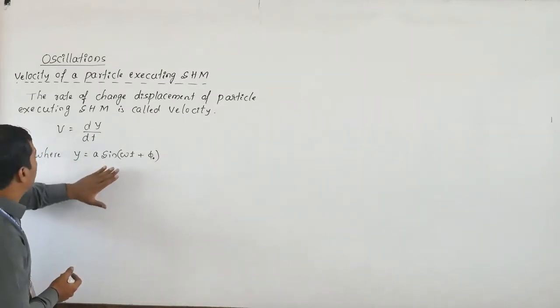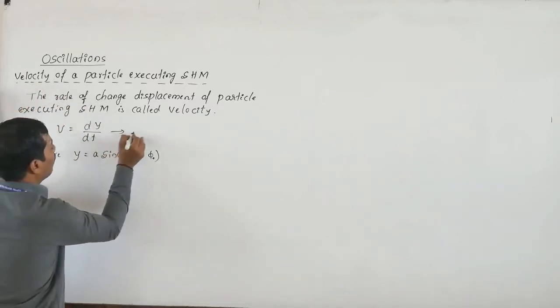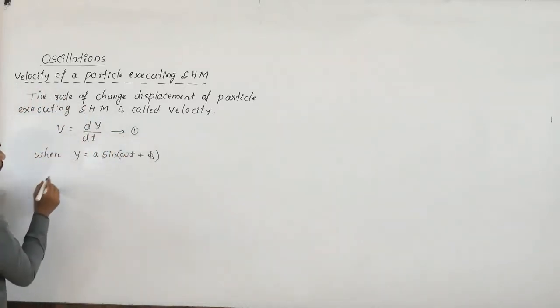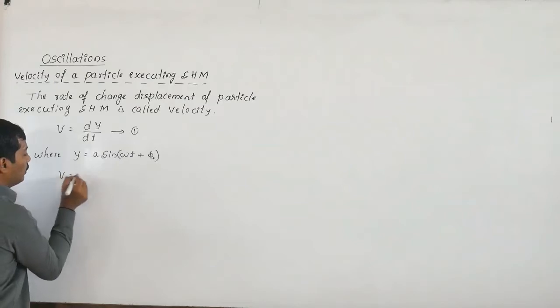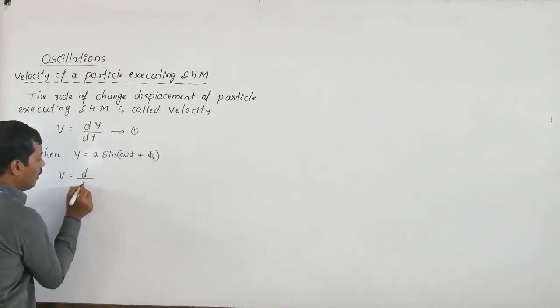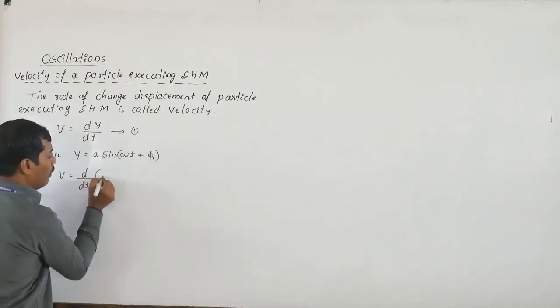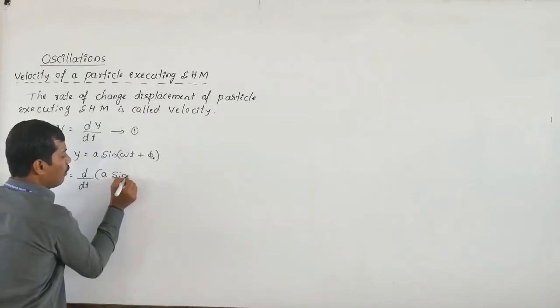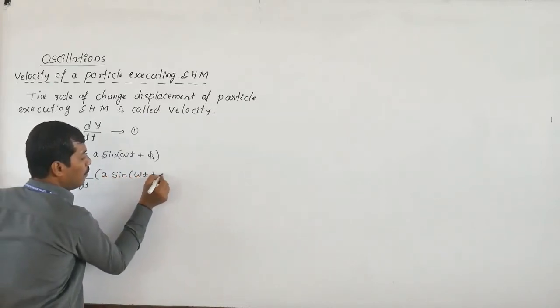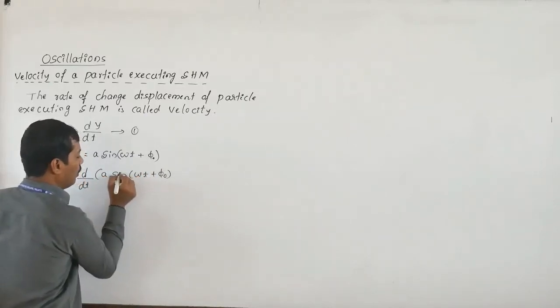If you substitute this in equation number 1, that is the velocity, then velocity becomes d by dt of A sine of omega t plus phi naught.